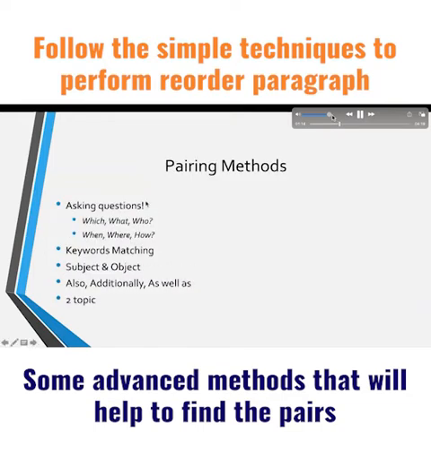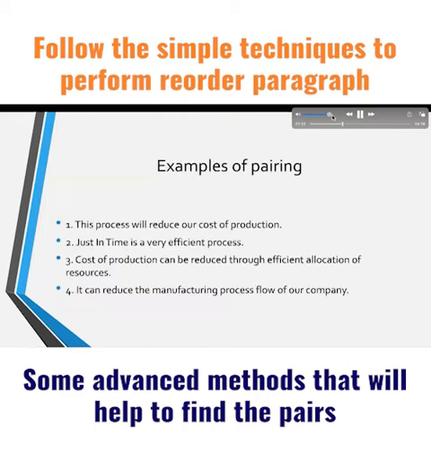Then obviously other questions I can ask from a sentence are when, where, how. Again, whenever there's an action mentioned in a sentence. For example, over here it says this process will reduce our cost of production. Reduce. Now reduce is an action. Now did they mention how it will be reduced? So if I ask the question how will it be reduced, you will see that in sentence 3 it says that cost of production can be reduced through efficient application of resources.